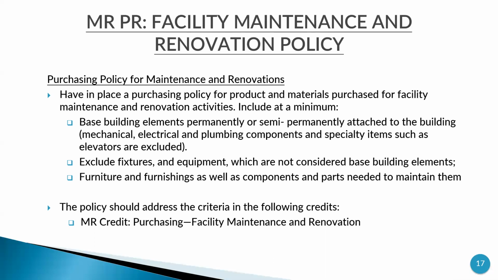So whatever the purchasing policy, we need to cover the complete procurement part of it. But at the same time, we need to exclude a few of the mechanical things which are required for the maintenance of the building or for its proper functioning. Why? Because these are regular things which you have to maintain, like elevators, plumbing, mechanical, electrical.